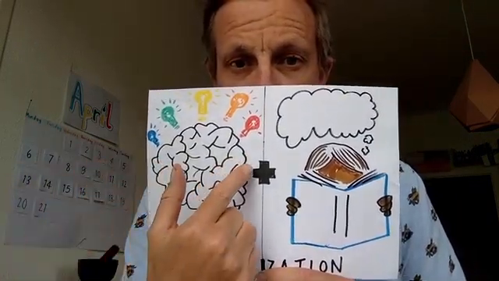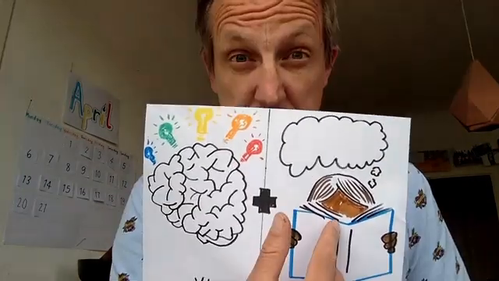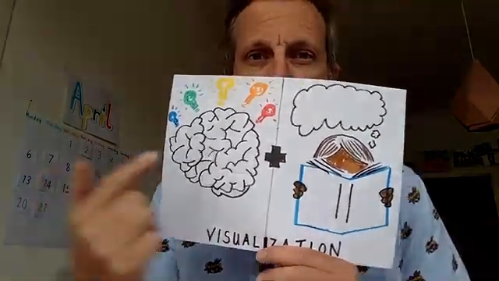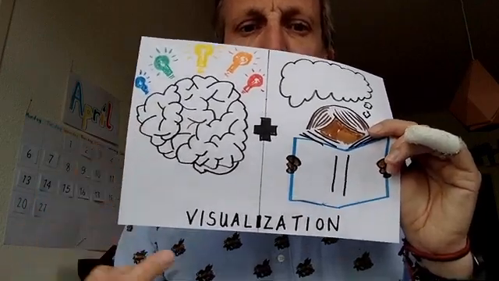You can use all of that. What you know, plus, little addition problem here, bit of maths for you. What you know, plus what you can imagine, okay? Those two things help you to visualize a story, whatever you're reading or listening to, and make a movie, make some pictures in your mind, okay?